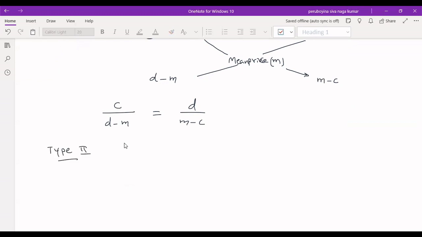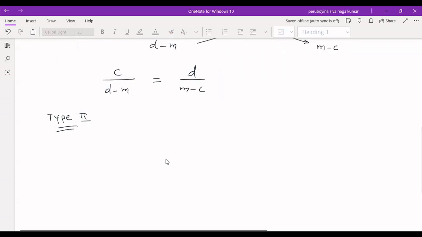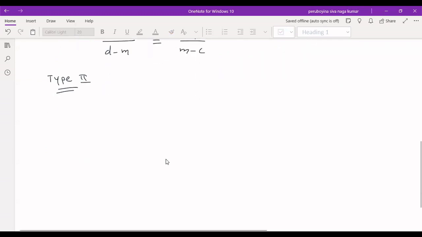Next is type 2 problems. This type is called repeated dilution problems.